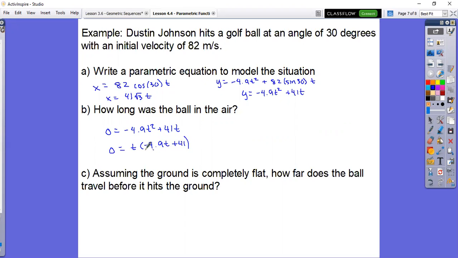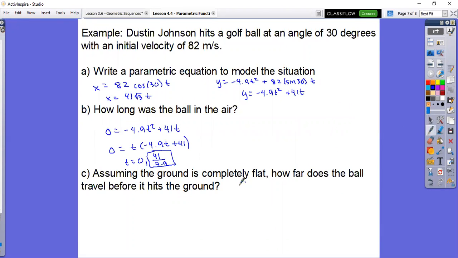One solution is when t is 0, and the other is when t equals 41 over 4.9. This is the value after the initial impact, so this is when the ball will hit the ground again.